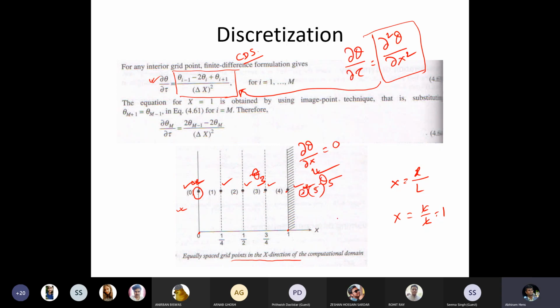What does gradient 0 mean? If at any point, let's say you have 2 points here, and a variable varying between these 2 points has a gradient 0 at this point, that means it is varying either in this manner or in this manner. So at this particular point you have a maxima or minima. That's why here delta theta by delta x equal to 0. So considering that concept, we are taking an image point here as 5, a fictitious point, to get the value of delta theta by delta x. Okay.